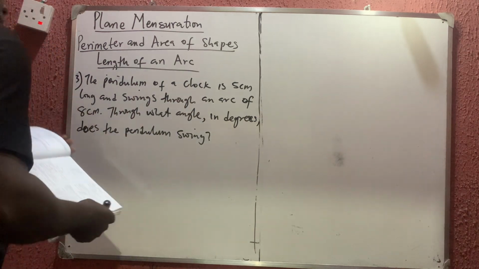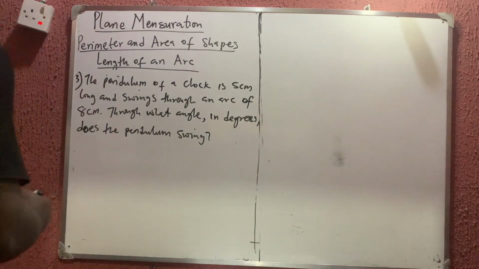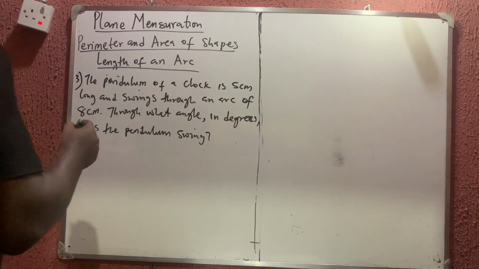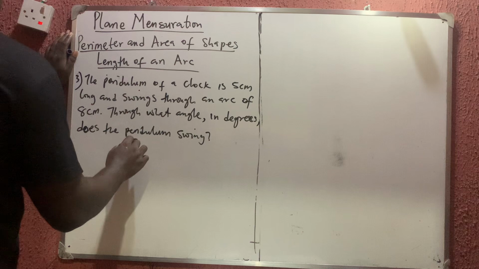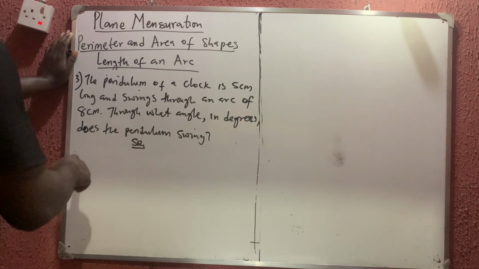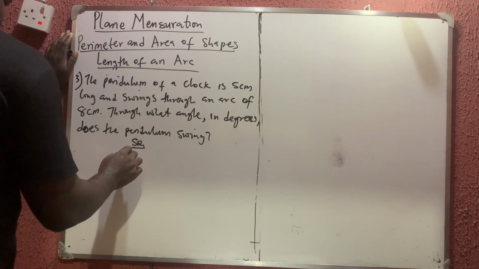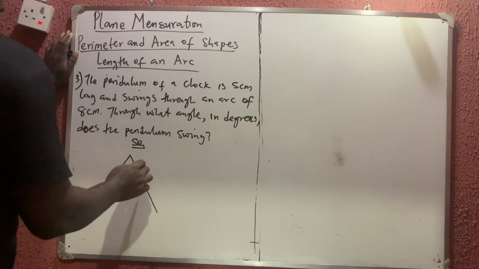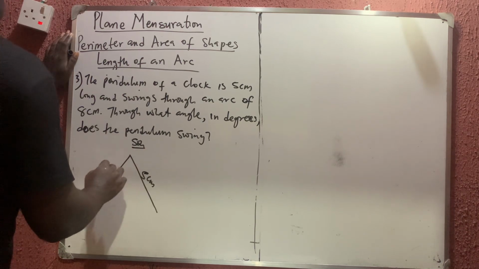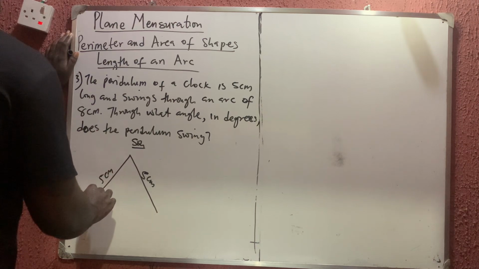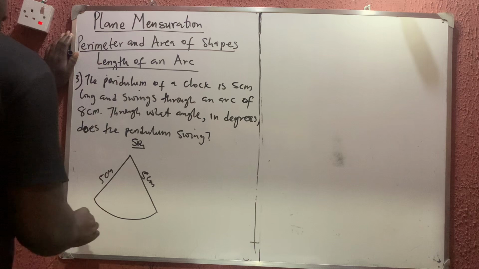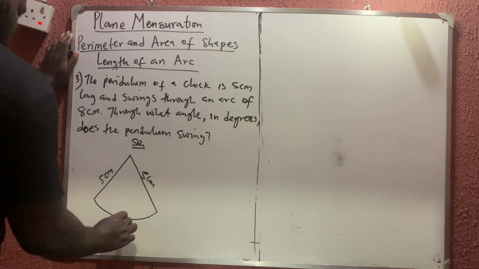Okay, so it is very obvious. They have given us what we need to know. We are looking for theta. So solution. If this is the pendulum, this is the length, that is 5 cm. It's going to swing like this, and that is the length of the arc, which they gave us as 8 cm.